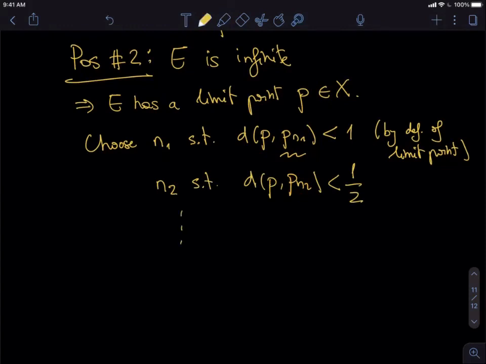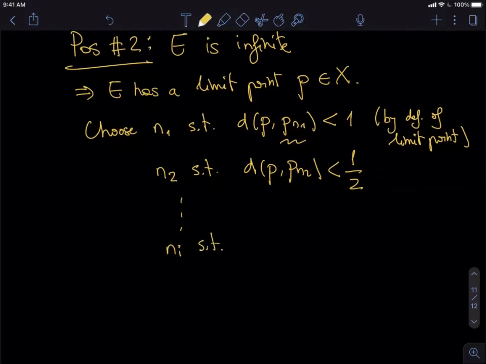And I just do this over and over. In general, at step i I will find a point ni such that the distance from P is less than 1/i. Here, this i is just an index, nothing to do with complex notation.